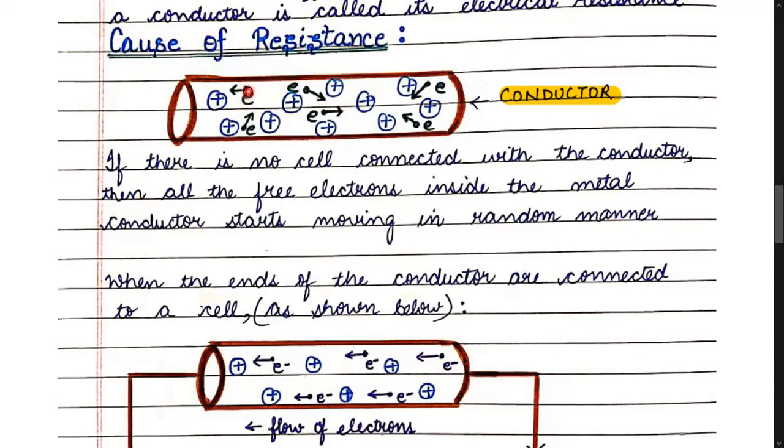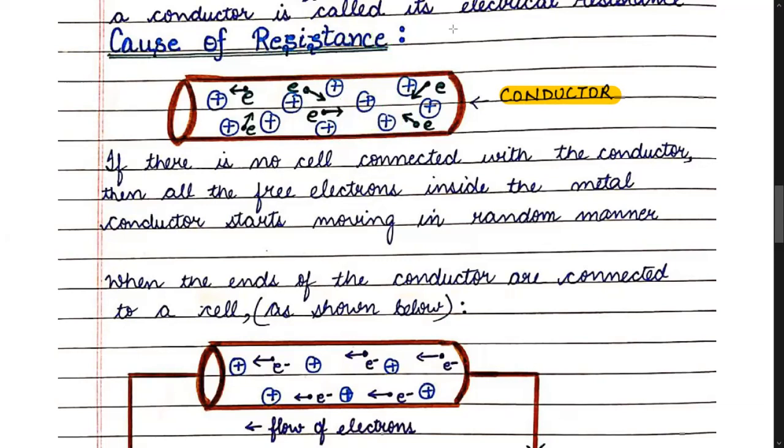Some electrons are going towards left, some towards right, some diagonally downward, some diagonally upward. Similarly, many electrons must be going in upward direction and many might be going in downward direction.